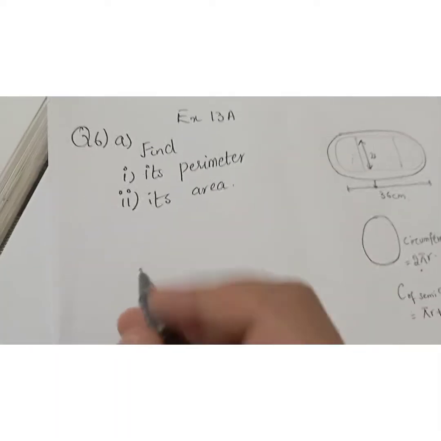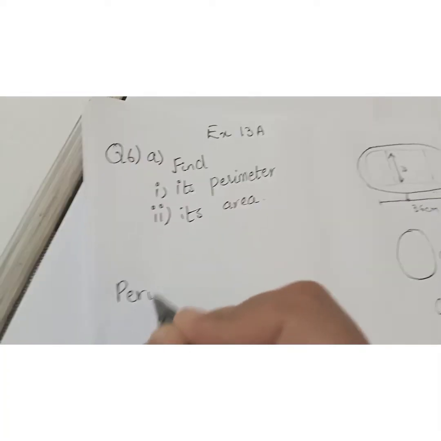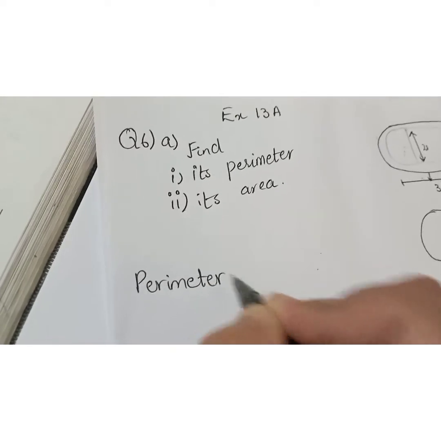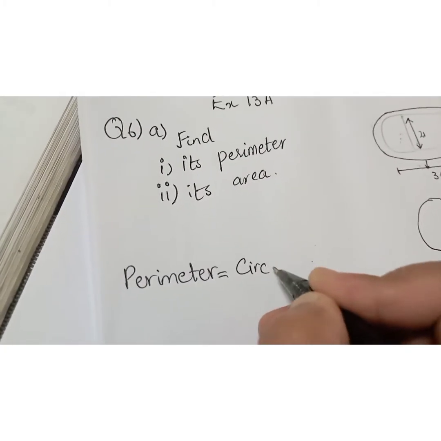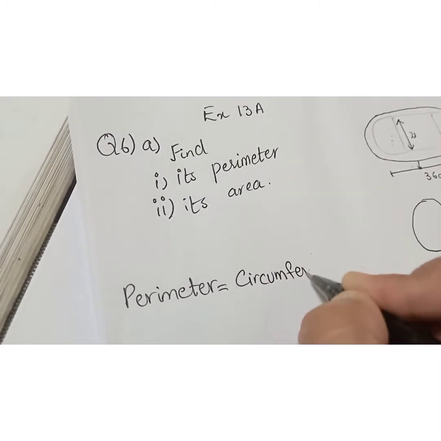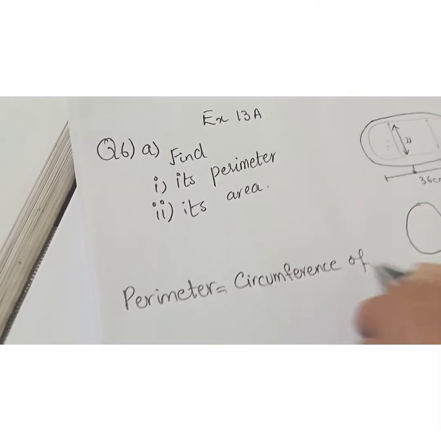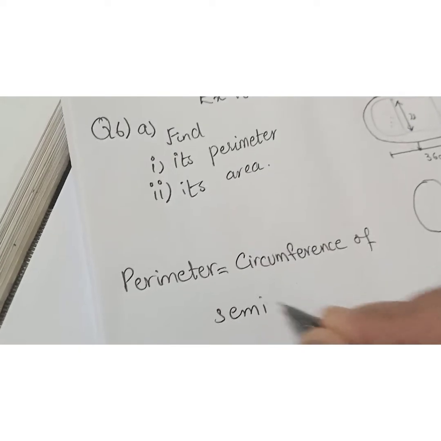If we find the perimeter of the complete shape, we will write perimeter is equal to the circumference of semicircles.